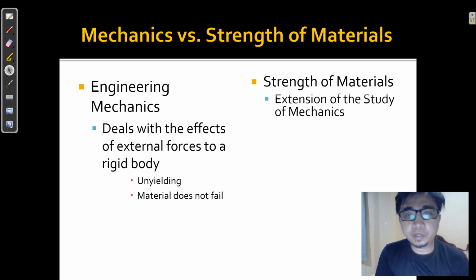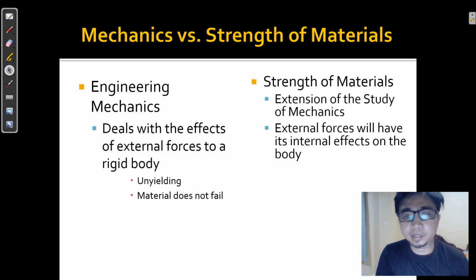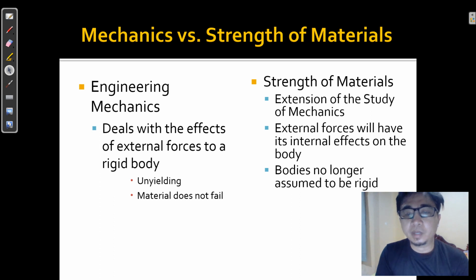In strength of materials, of course, it is the extension of mechanics, wherein the external forces will now have internal effects on the body. And of course, bodies are no longer assumed to be rigid.